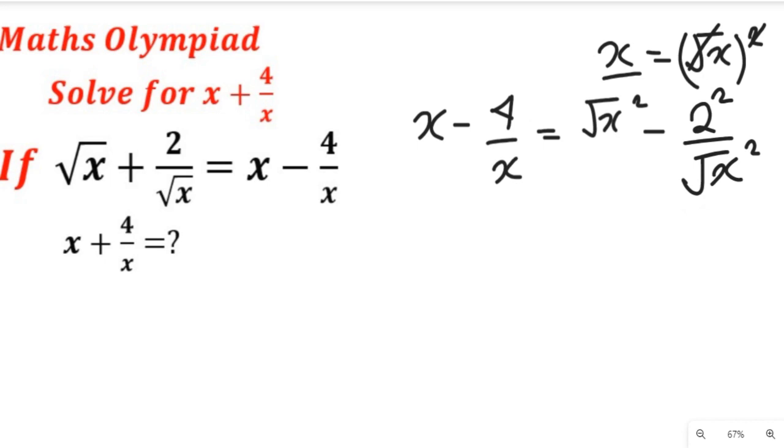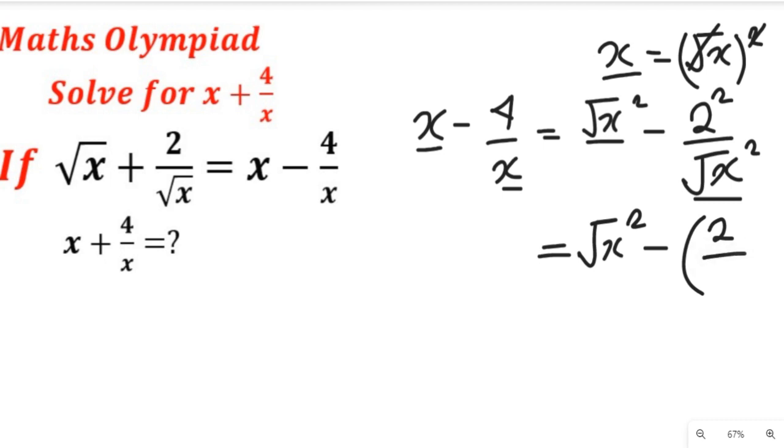Remember, this whole expression will still give me the same expression, so nothing has changed. This whole expression will now give us square root of x squared minus 2 divided by square root of x, all squared.